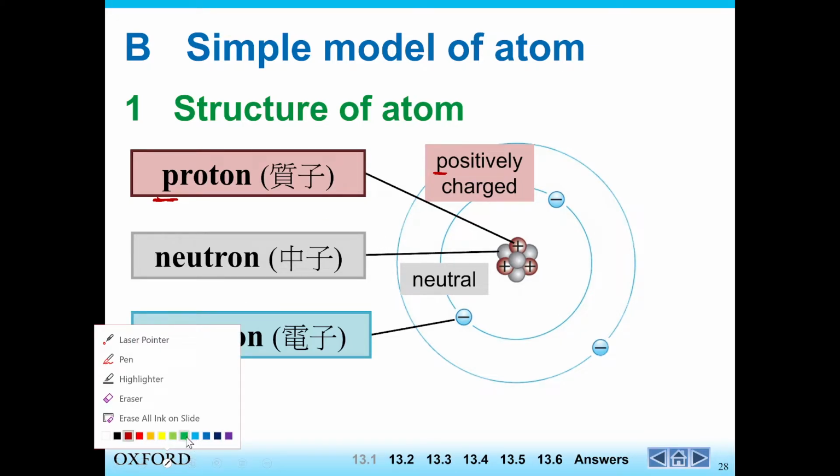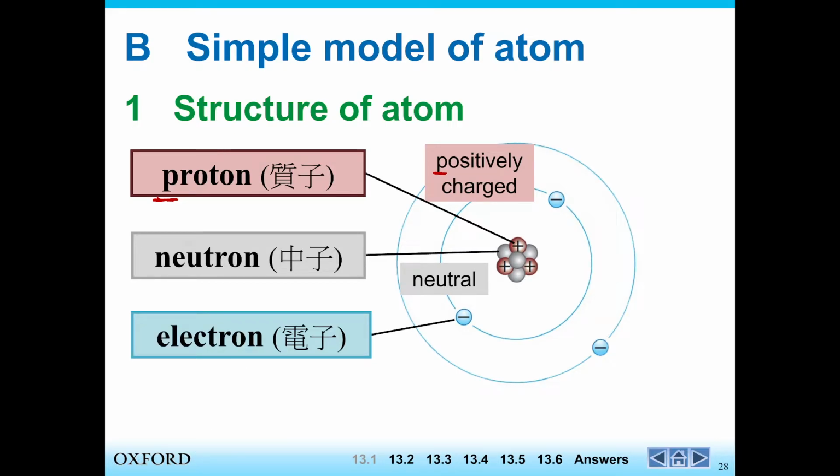To help you remember that, the word starts with "neu", and this is also neutral, meaning it has no charge. It's neither positive nor negative, so it's like zero. Electrons, on the other hand, are negatively charged. That's the only remaining one, so hopefully that helps you remember: negatively charged electrons.